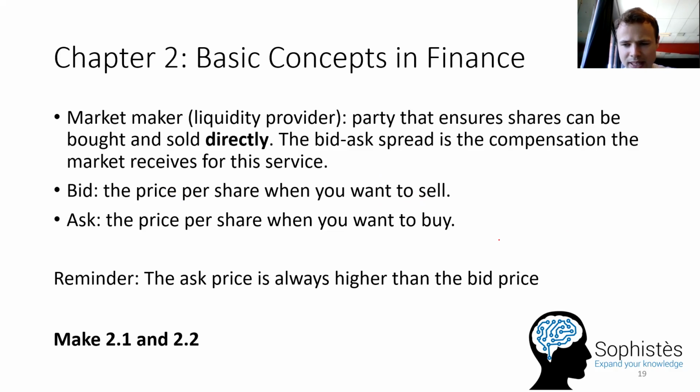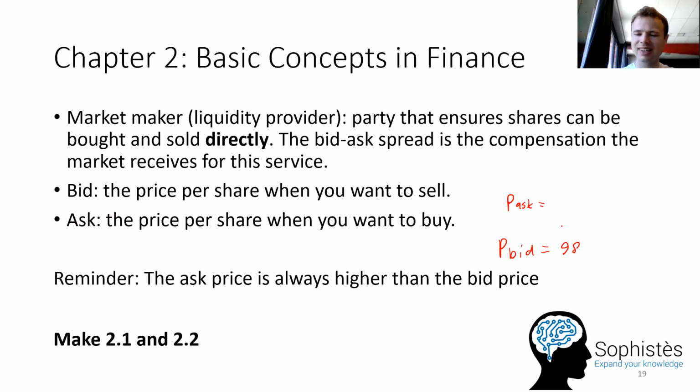Let's call it the P bid. Let's say the P bid is, for example, 98 euro. So if you sell it, you only get 98 euro. But you also have the ask price, the P ask.